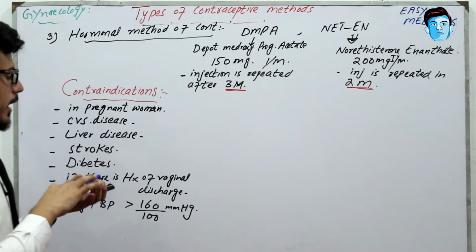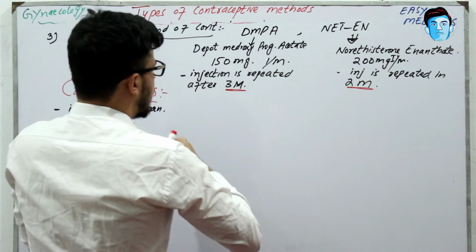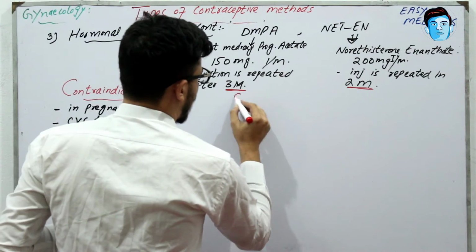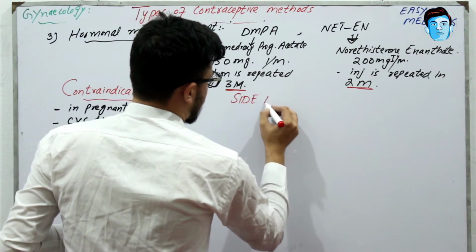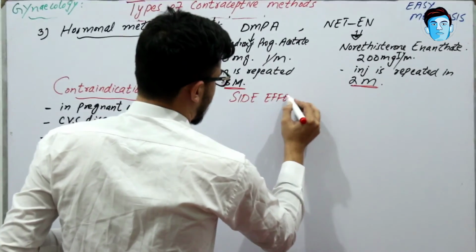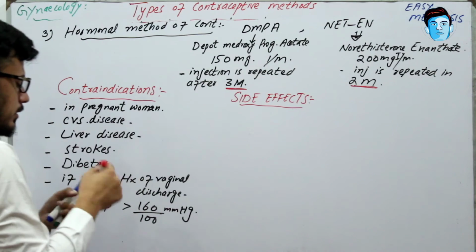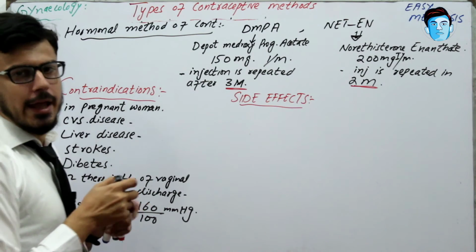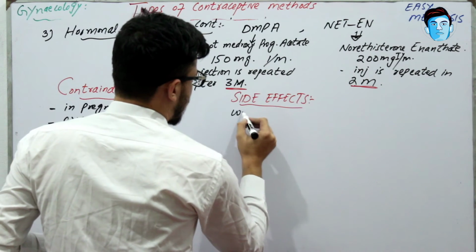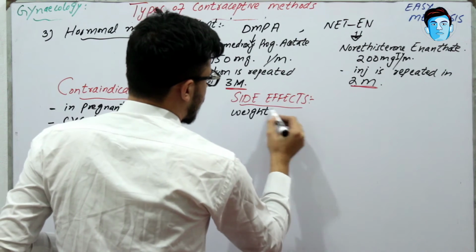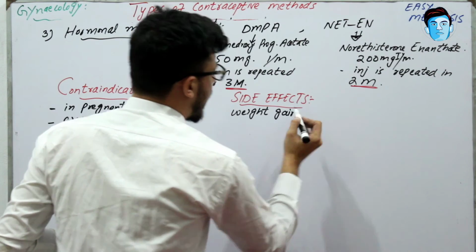Now, what are the side effects of DMPA? DMPA can lead to weight gain. So the main side effect is weight gain.